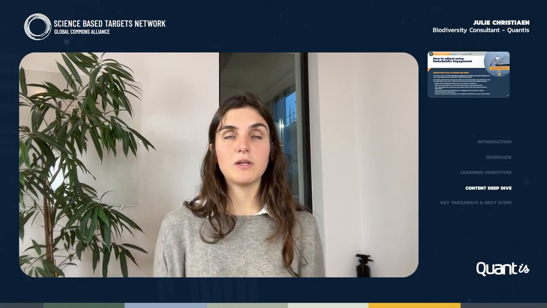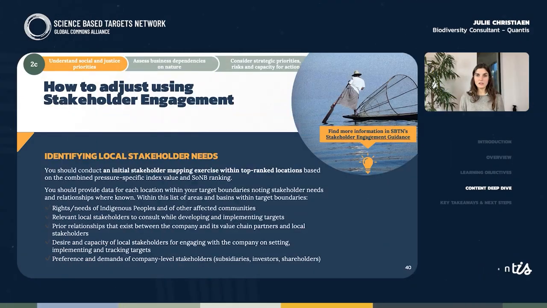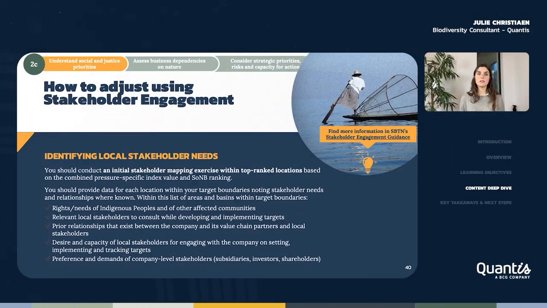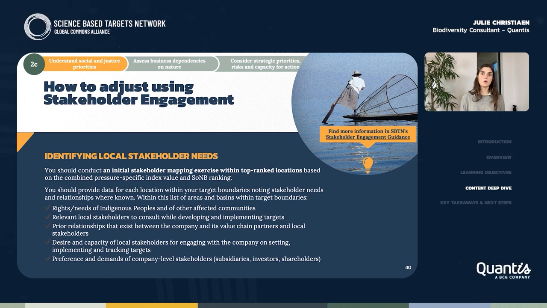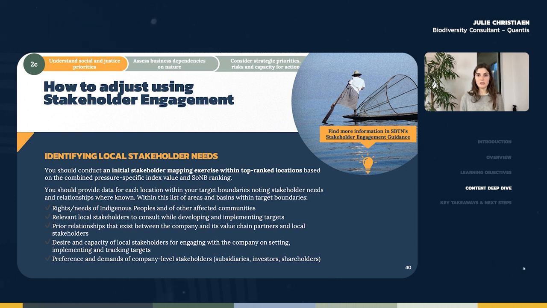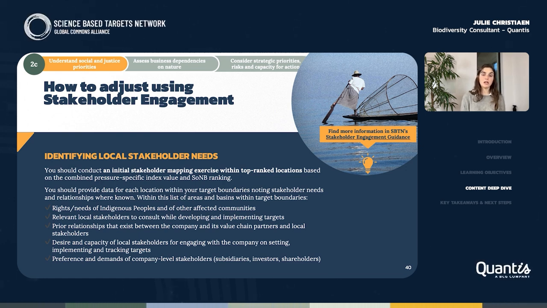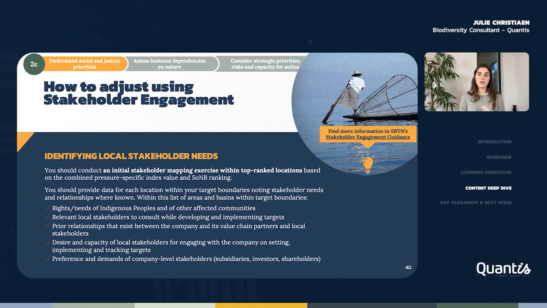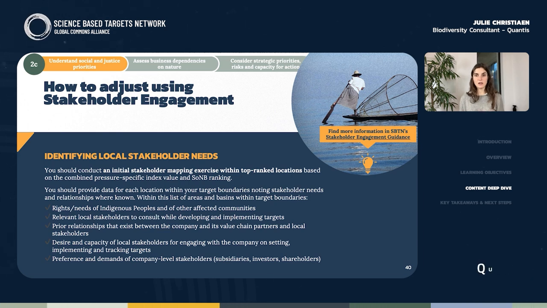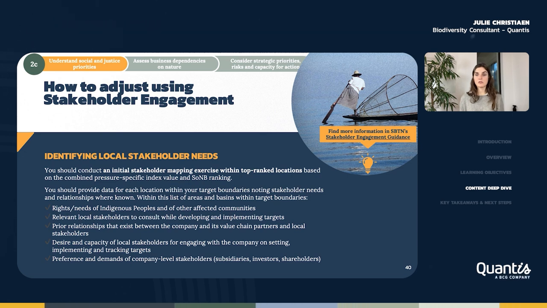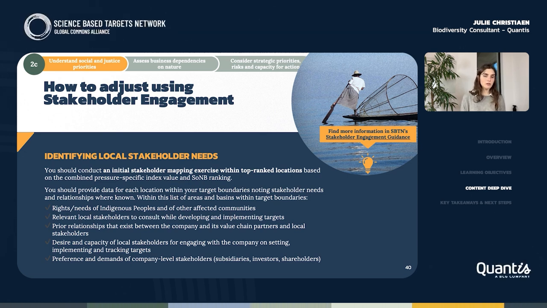Within this list of areas and basins within target boundaries, SBTN will look for information on rights and needs of Indigenous peoples and other affected communities, the relevant local stakeholders to consult while developing and implementing targets, prior relationships that exist between the company and its value chain stakeholders and local stakeholders, desire and capacity of local stakeholders for engaging with the company on setting, implementing and tracking targets. And finally, the preferences and demands of company-level stakeholders. So they may be subsidiaries, investors, shareholders, etc.